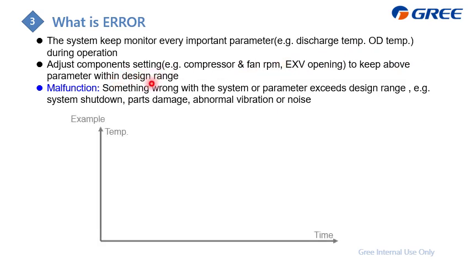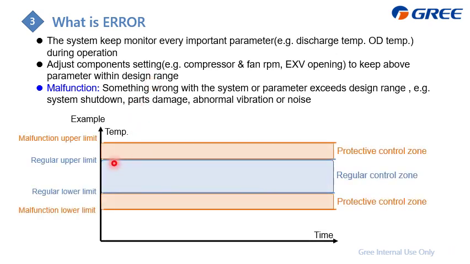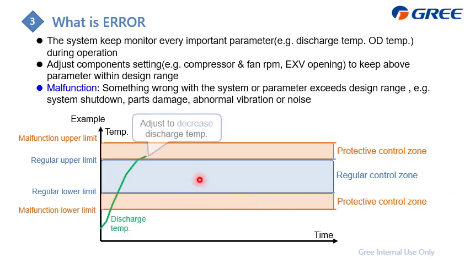For every important parameter, we already set up a regular control zone and also a protective control zone. For example, take the compressor discharge temperature. If it is higher and goes into the protected zone, we will adjust parameters, like decreasing the compressor RPM or increasing the EXV opening, to make it go down.